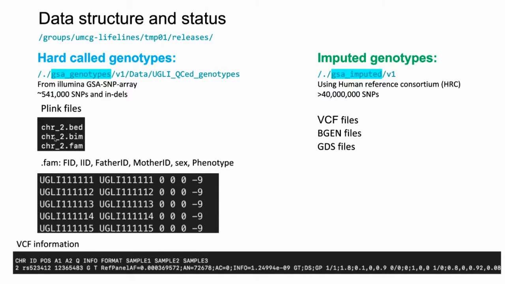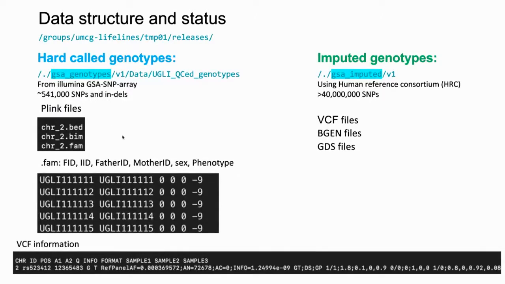This is three files, the .bim, which contains the SNPs, the .fam that contains the samples, and then the .bed, which intertwines them together. You can easily see the .bim and .fam. They are readable by humans, but the .bed is a binary file, so you cannot really read it.